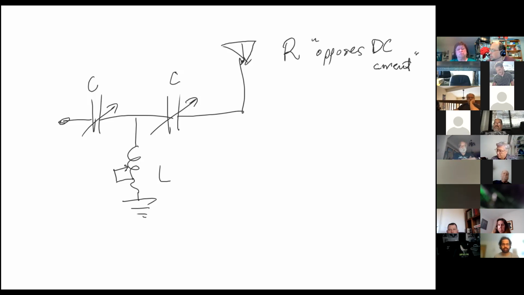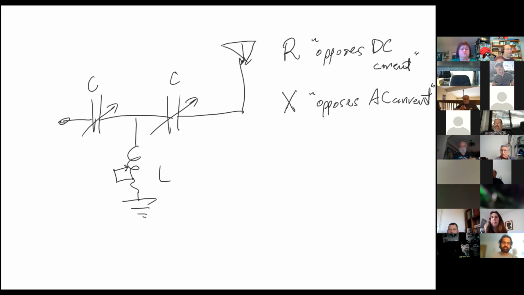Well, there's also something called impedance. Wait, when you're speaking of resistance, you're only referring to DC, and for AC you use impedance? Yep. That's exactly right. So resistance is the opposition to DC current.